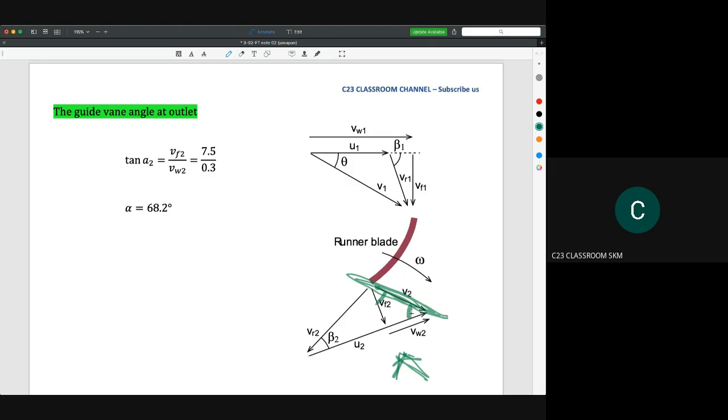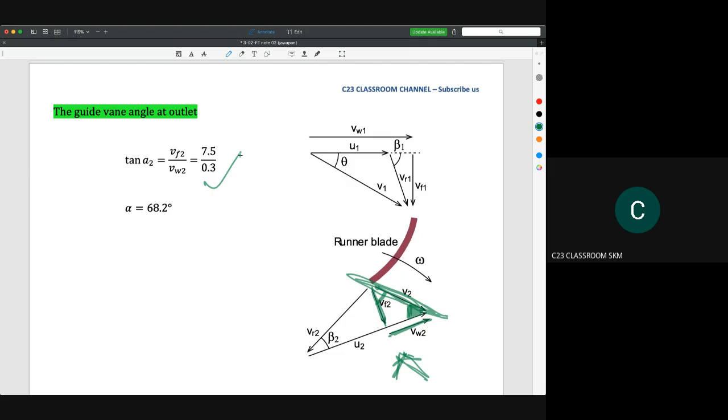Let's say I take the angle of this one, so the tangent is VF2 divided by V2. If we divide with the value, it is 68.2 degree.